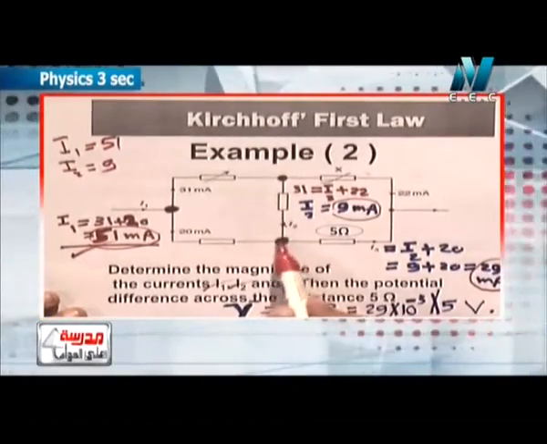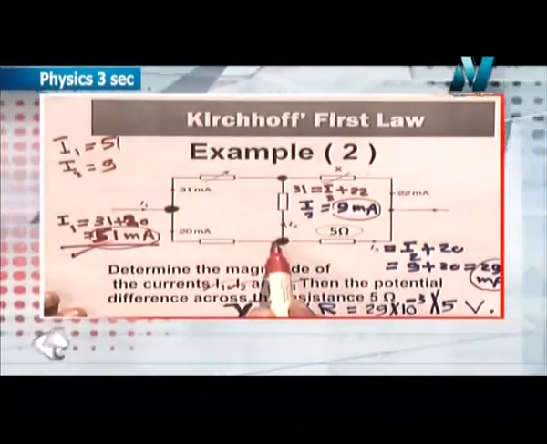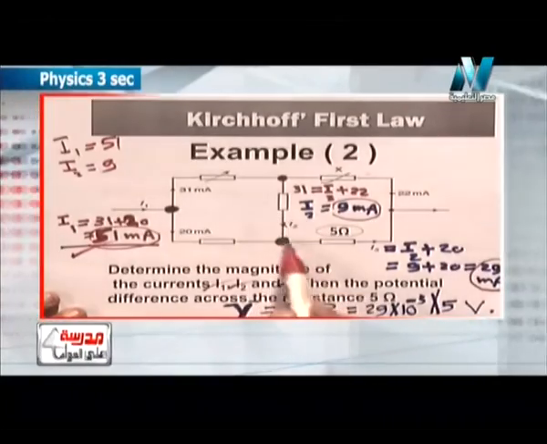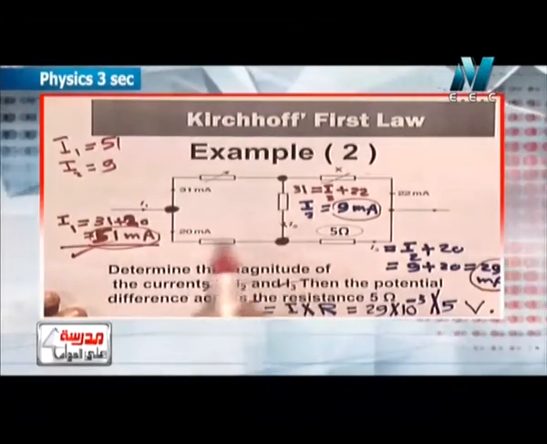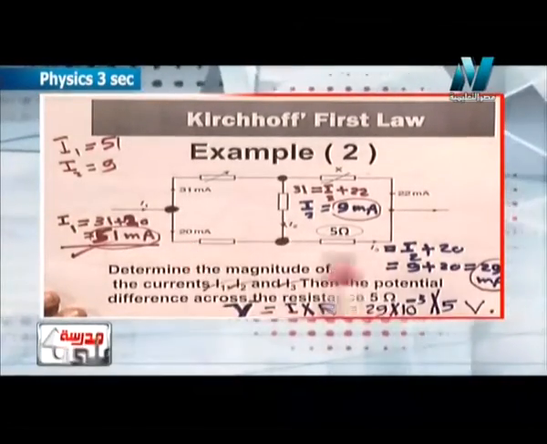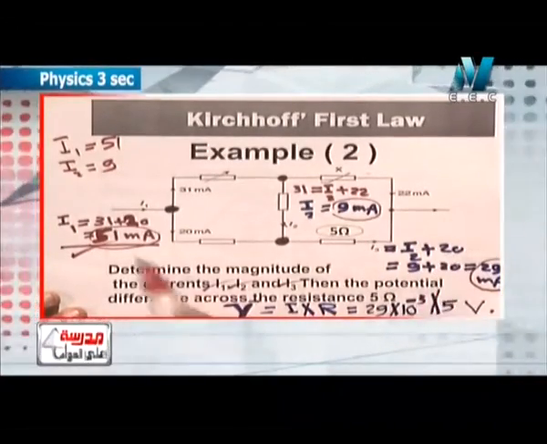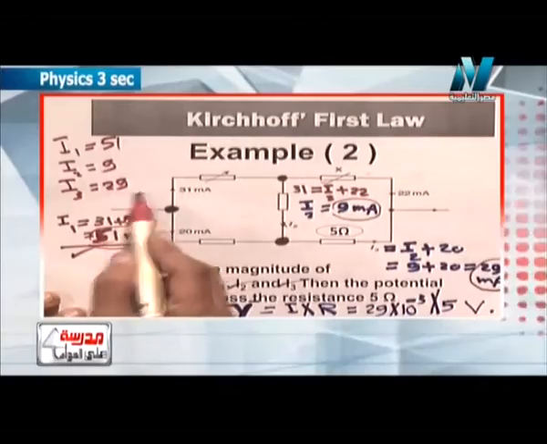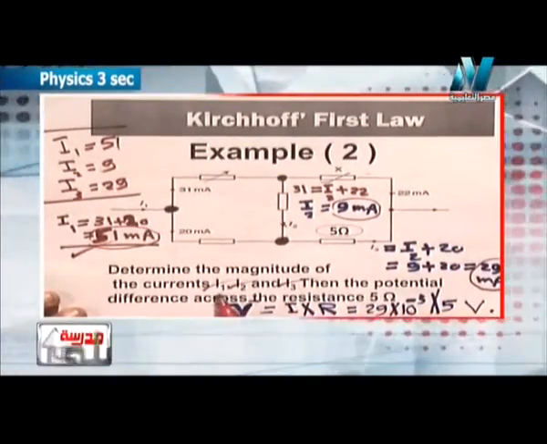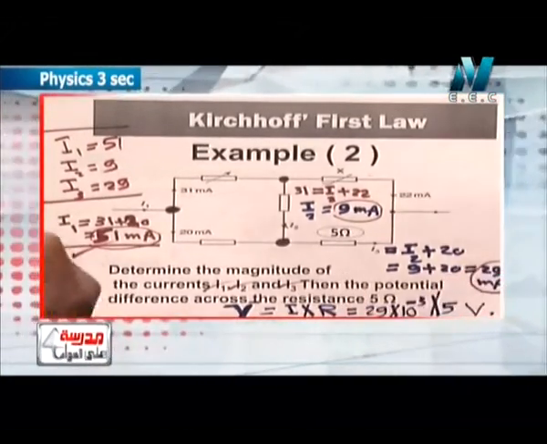At the last node, I2 meets with 20, both enter, and I3 goes out, so I3 equals I2 plus 20. I3 equals 9 plus 20, so 29. Okay, he wants I1, I2, I3. We calculate them and then the potential difference. Next. Okay, it's too easy inshallah.